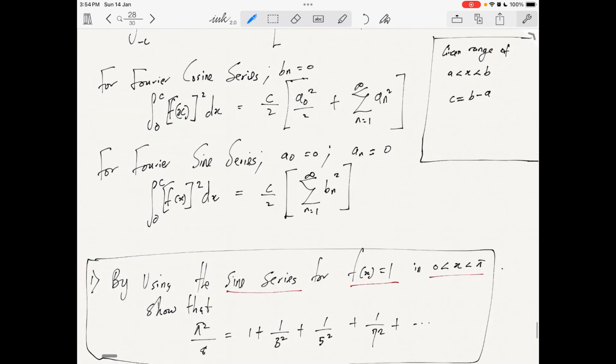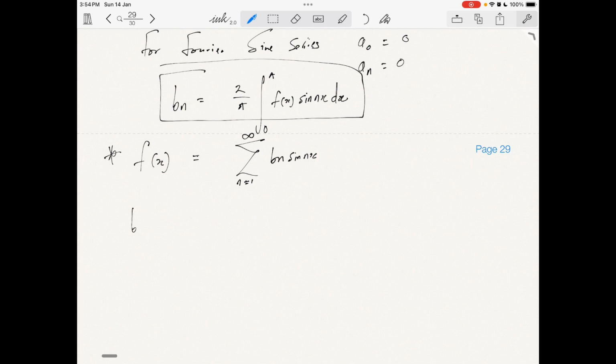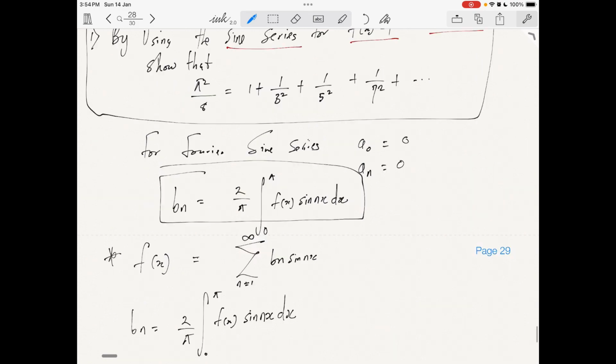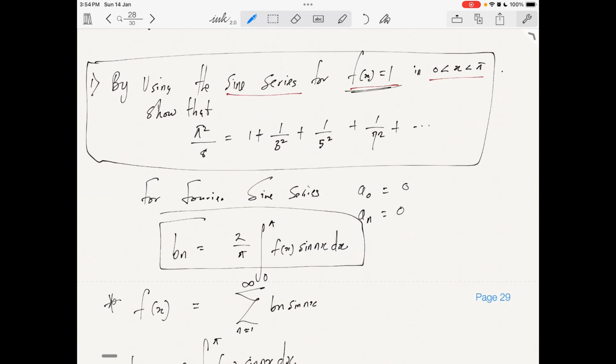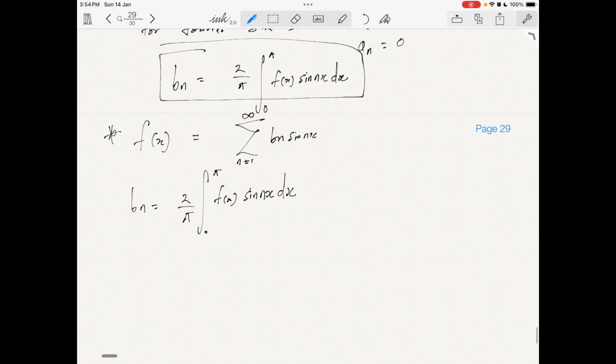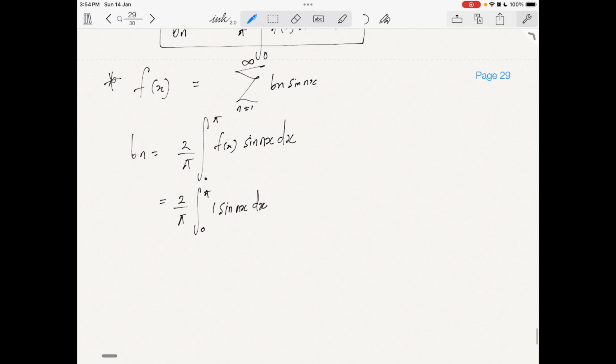So let's proceed. Let's solve for Bn. Bn is equal to 2 over pi integral of 0 to pi f of x sine nx dx. And from the question, we know that f of x is equal to 1. So we have 2 over pi integral of 0 to pi of 1 sine nx dx. Solving this, we have 2 over pi integral of 0 to pi sine nx dx.